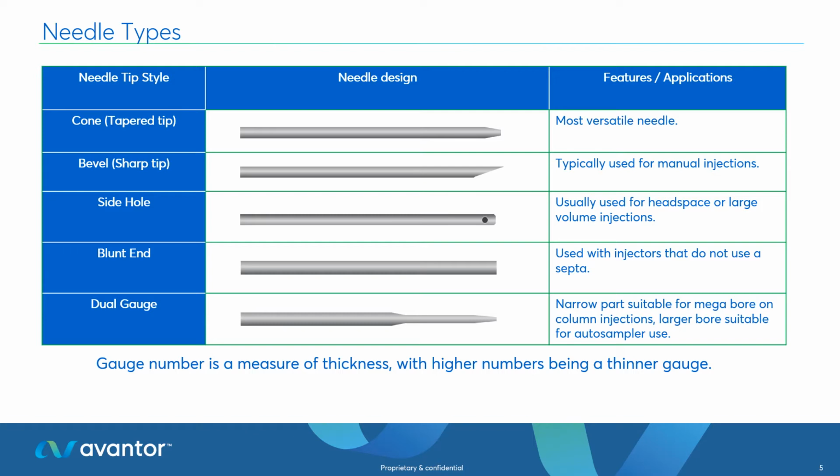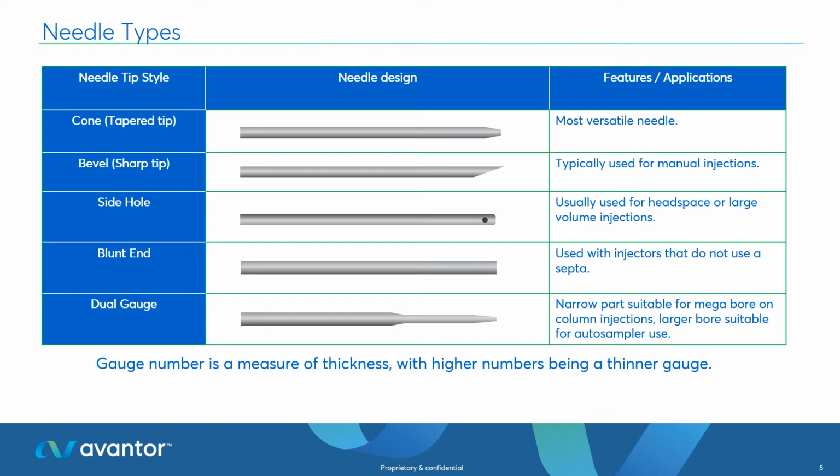The most commonly used form of needle will be the cone or tapered tip, which we can see at the bottom, and that's typically used for a variety of different types of injectors. If we're looking at a manual injector, then we may go for a bevel or a sharp tip one, and you can see on this diagram here why it's called that.